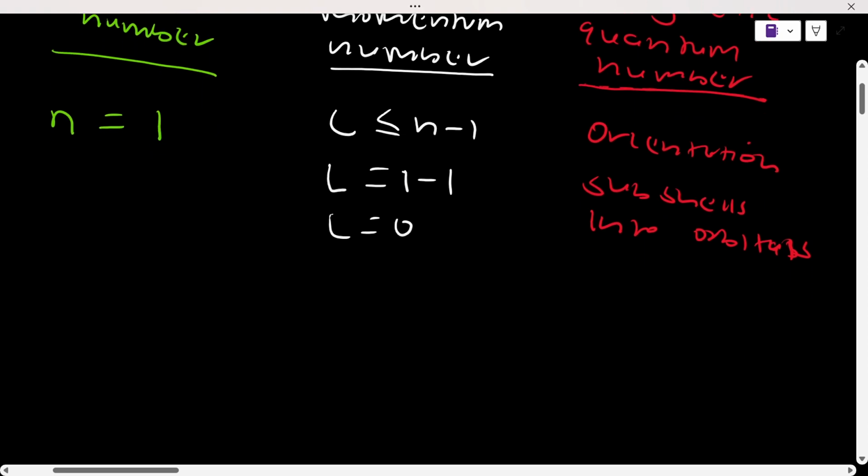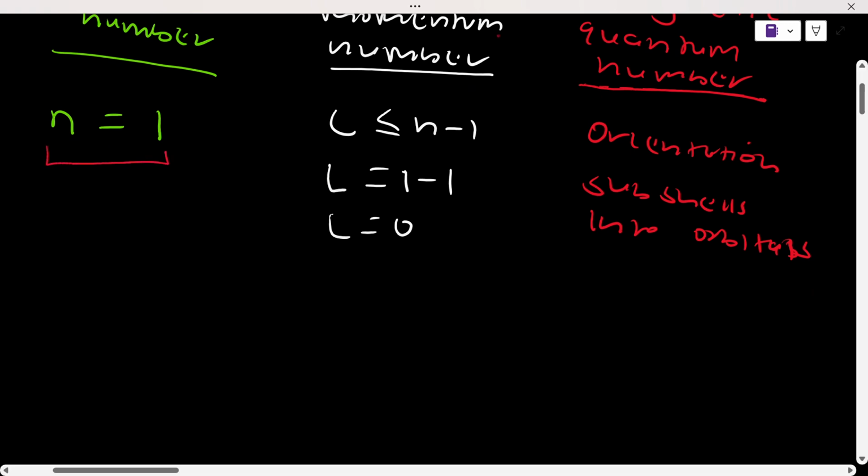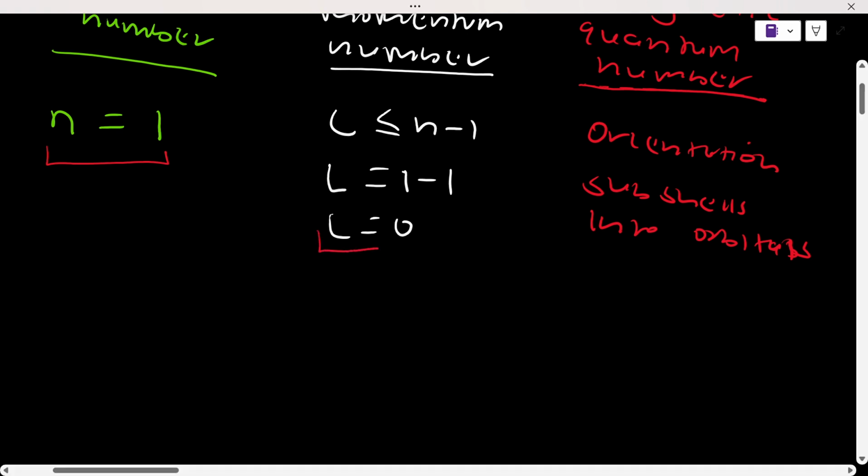So if that's the case, when I'm having my principal quantum number as n, the angular momentum number is going to be 0. For that reason, I know very well I'm referring to s orbital.